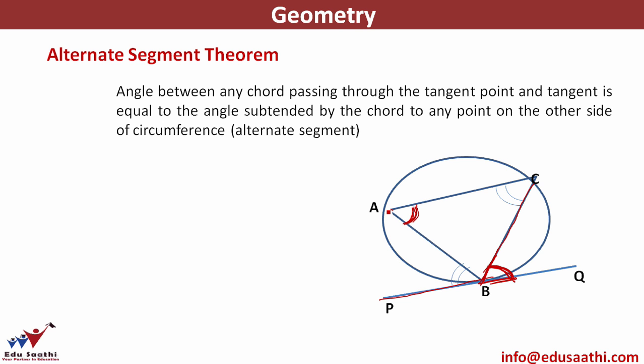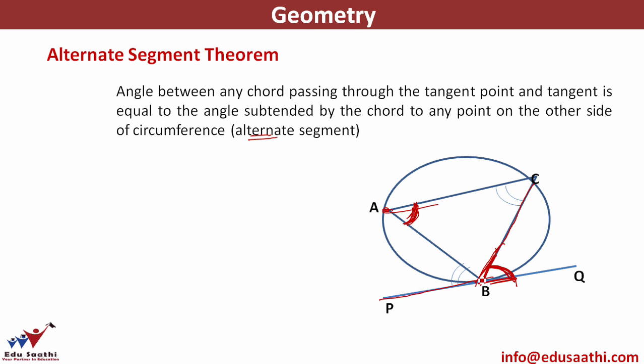So this chord on the circumference makes an angle CAB. I will look at the angle which is made in the alternate segment. These two angles would be equal. The angle made by the chord with the tangent is equal to the angle which the chord makes in the alternate segment.